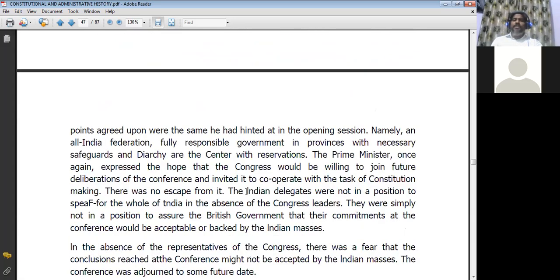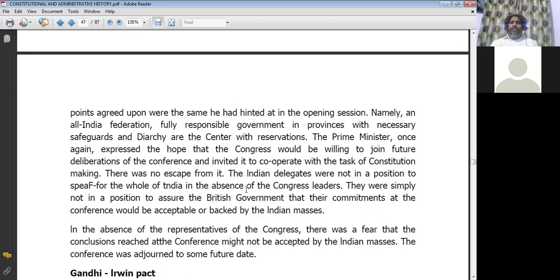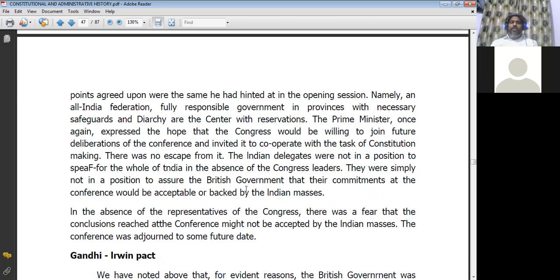The points agreed upon were the same he had hinted at in the opening session, namely an all India federation, fully responsible government in the provinces with necessary safeguards, and responsibility at the center with reservations. Such were the conclusions expressed by Ramsay MacDonald in the first roundtable conference.